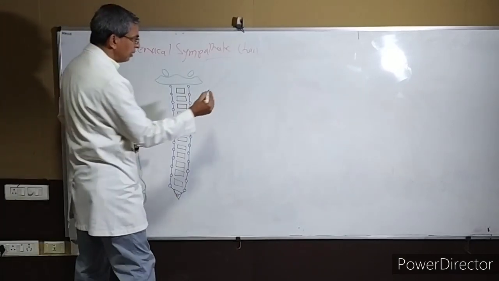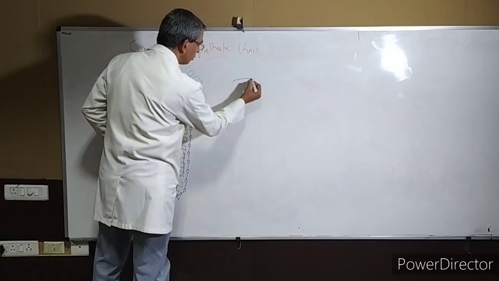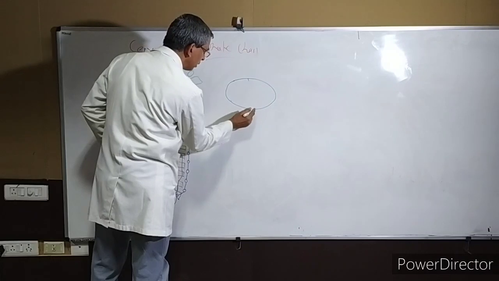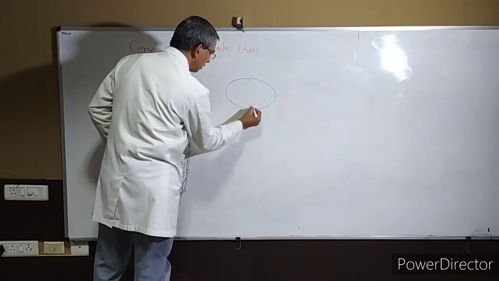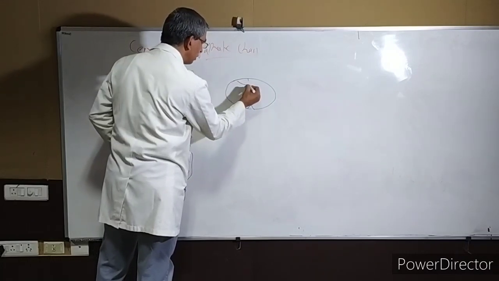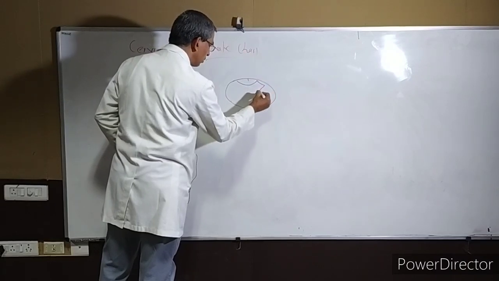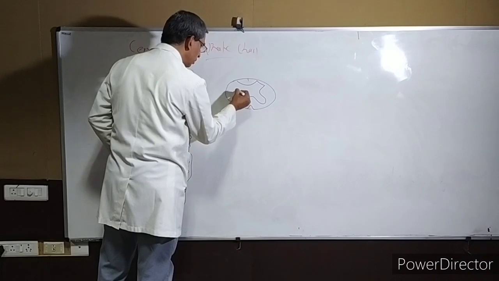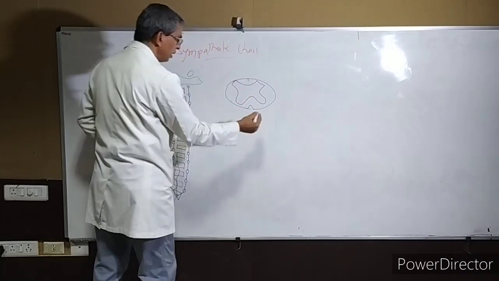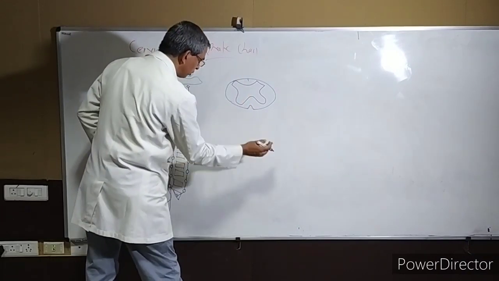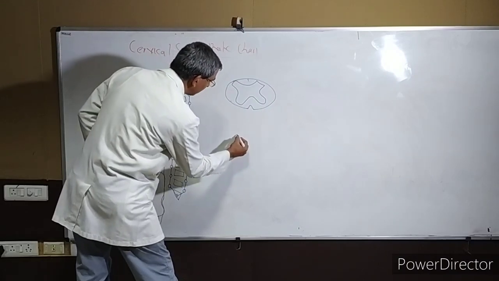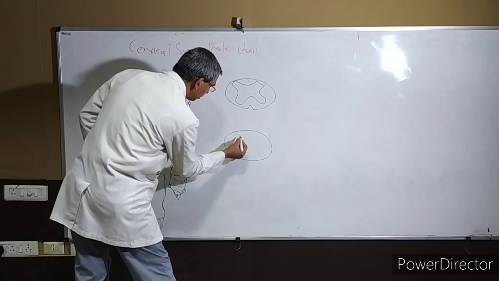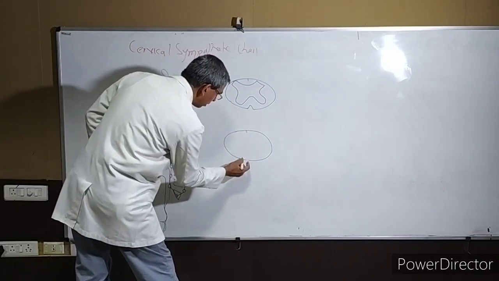Look here. Suppose this is the cross section of the spinal cord, one segment. I will draw two or three segments.